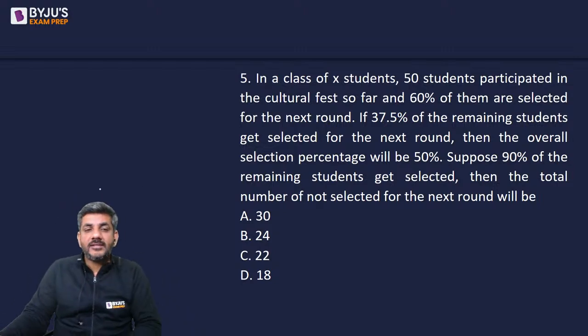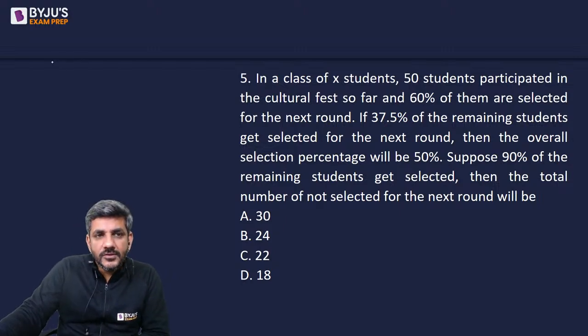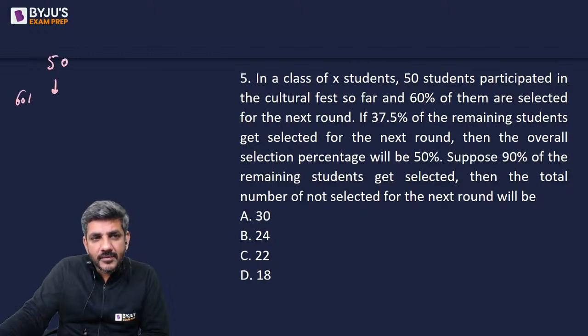In a class of X students, 50 students participated in the cultural fest so far and 60% of them are selected for the next round. So 50 students participated and 60% of them, that is 30, got selected for the next round.